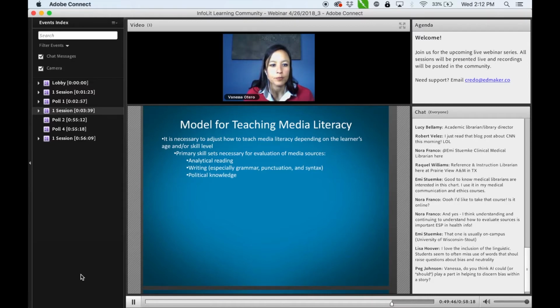Same thing with politics. Political knowledge: a 7th grader has very little political knowledge. Some adults have very little political knowledge. And if you don't know what the underlying issue is, then it's really difficult to tell when something is biased.